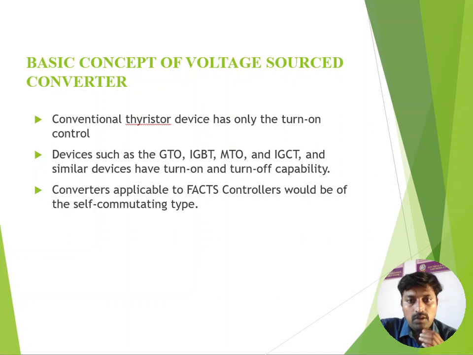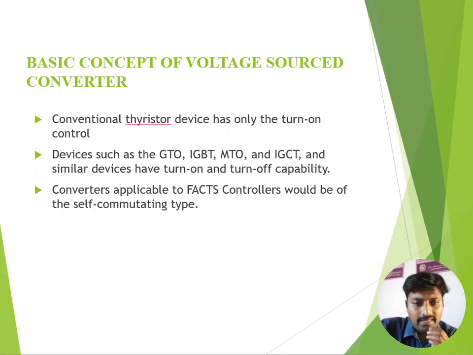See, the basic concept of the voltage source converter: it is nothing but a conventional thyristor device with only turn on control. Generally, if you are using thyristors, only turn on control is possible. Go for the diodes, and both the on state and off state are not controlled.